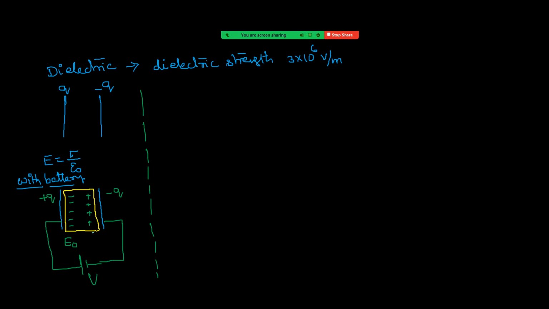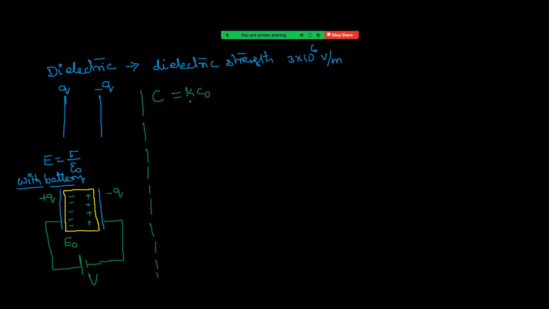Okay. So the first advantage of filling the space completely between the plates with dielectric is that capacitance becomes K times. Let us say C stands for present capacitance, initial value C naught, and K stands for the dielectric constant of that substance.